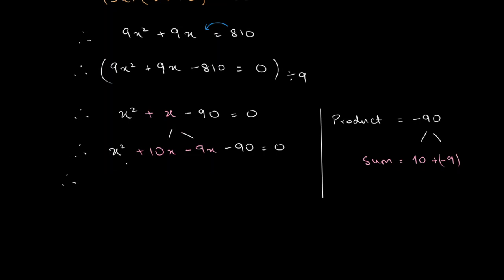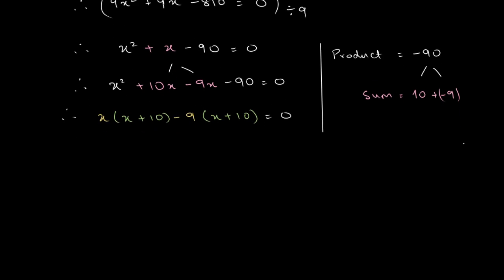Now, let's start factorizing it. Between the first two terms, we have x common, so I'll take the x outside the bracket, and I'll be left with x plus 10 inside the bracket. Between the third and the fourth term, I have a minus 9 common, and I'll be left with x plus 10 in the bracket once again. All this is equal to 0.